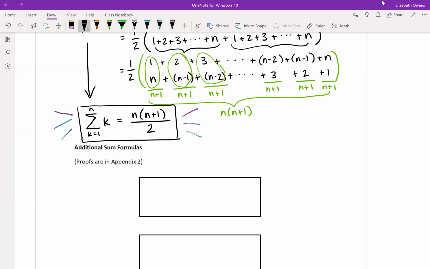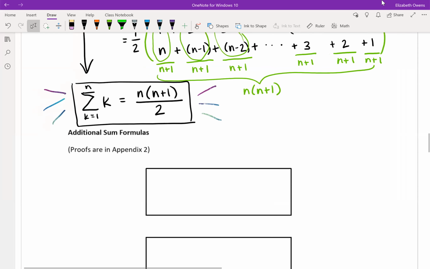These additional ones, don't worry about memorizing, and they do not have quite as nice and neat of a proof as little Gauss's formula. If you want to look at the proofs, they're in the e-text in the back in Appendix 2, but they're significantly longer and they don't have a fun little story with them, so we won't do them on video here.